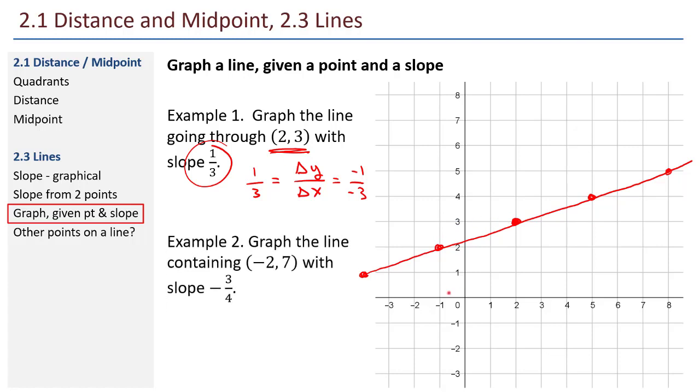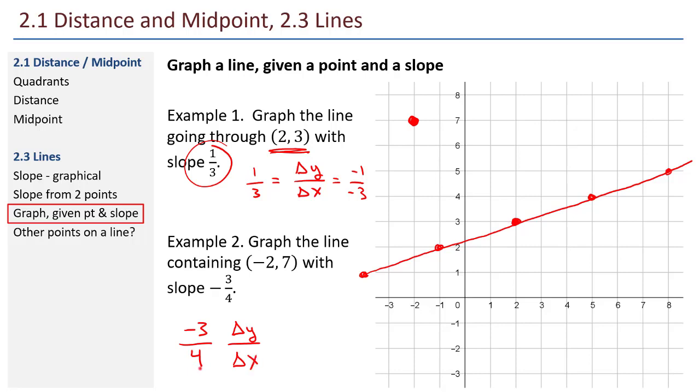Here's another example. Let's graph the line containing (-2, 7) that has a slope of -3/4. So I will plot the point (-2, 7). There it is. And this -3/4, maybe I'll put the negative up on top, and we'll call that negative 3 over 4. And I'll think of that as my change in y over change in x.